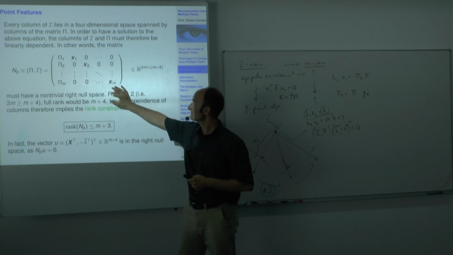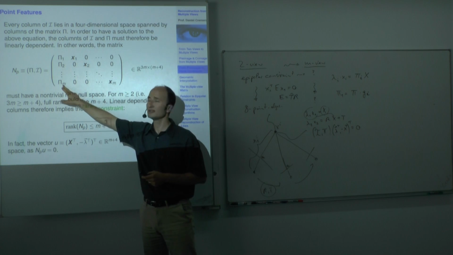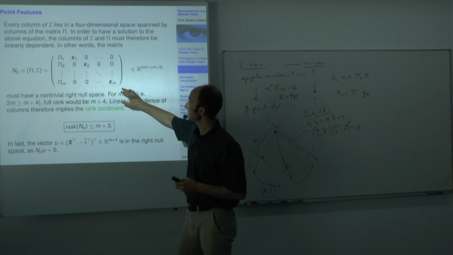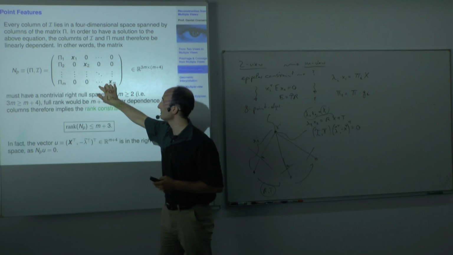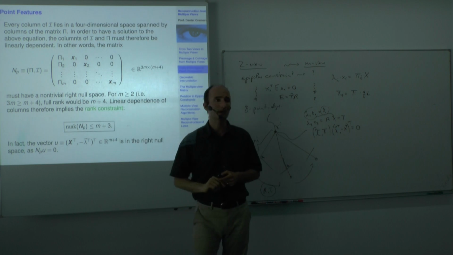Unfortunately, this matrix still contains the 2D coordinates and the unknown camera parameters. Oh, actually, not unfortunately, this is interesting. It's a rank constraint on a matrix that only contains the 2D coordinates and the camera parameters.